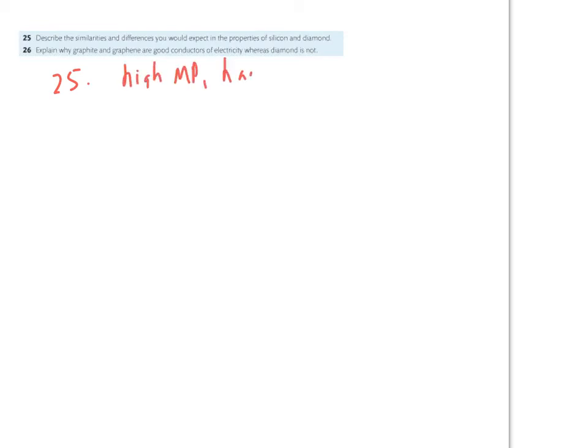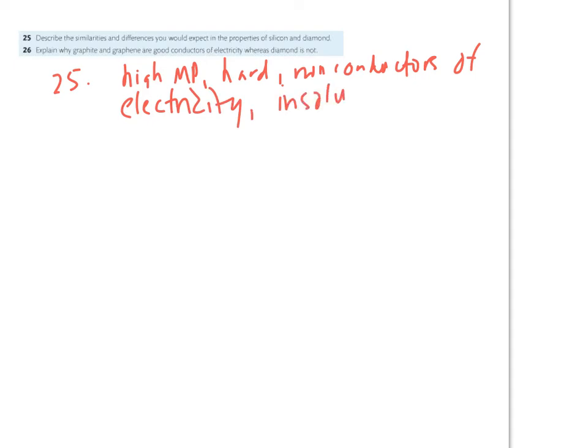They're very hard and rigid. They're non-conductors, at least of electricity. They also tend to be insoluble in water. They actually can conduct heat, thermal conductors, although they're not fantastic, they're decent.